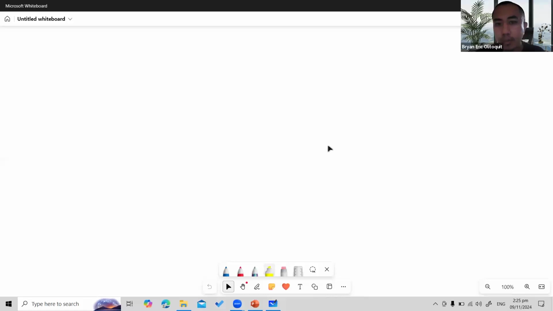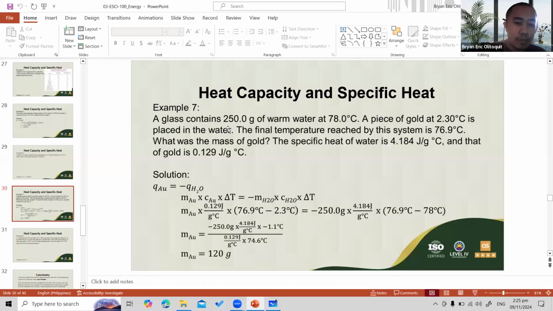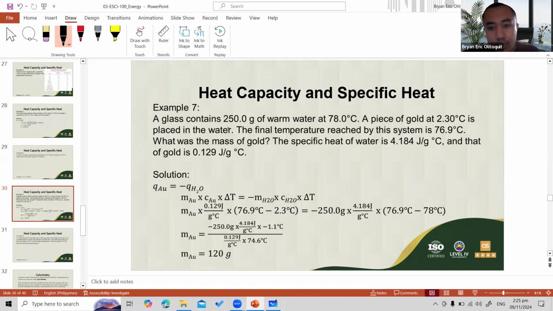So, we now have this certain scenario. I'll just change the application I'm using for this problem. Again, in terms of the problem, we have 250 grams of warm water at 78 degrees Celsius, and we put gold in there at 23 degrees Celsius.